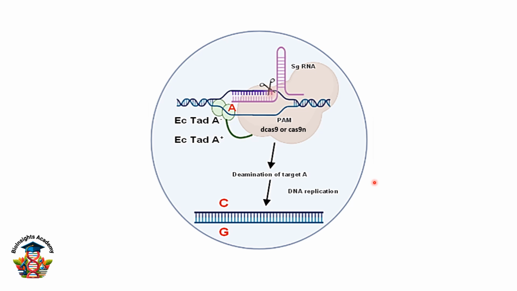So here again, the single guide RNA directs the base editor to a specific locus in the genome by complementary base pairing with a target DNA sequence.